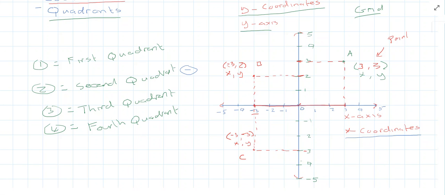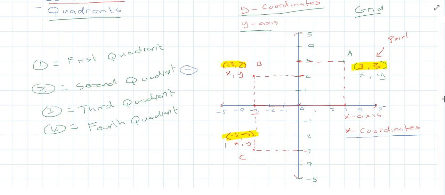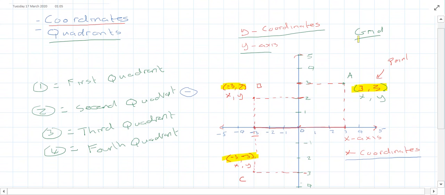A way to think about it is that these points that I'm highlighting here are what are called coordinates. This is what we mean by coordinates.